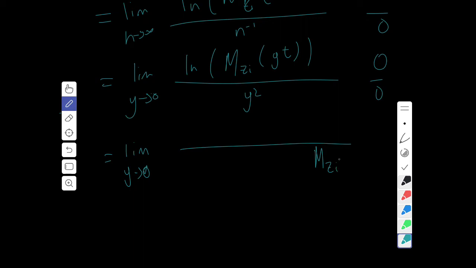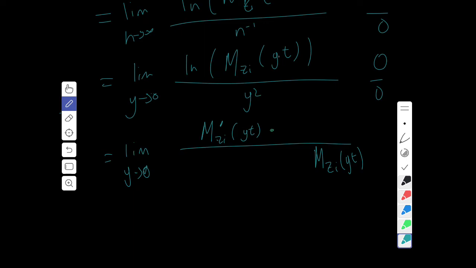So I'm going to have M_Zi of yt, right? And then I have to multiply by the derivative of the inside. Well, the derivative of the inside, once again, is a function, and it's not just a function of y, it's a composition, because I have to take y multiplied by t, and then put that into the moment generating function. So I'm going to apply the chain rule again, and we're going to have the moment generating function derivative with respect to the composition, so the yt, and then multiplied by the derivative of the inside.